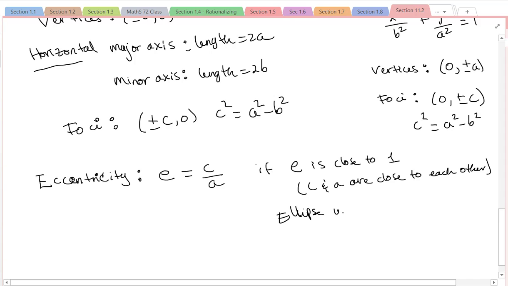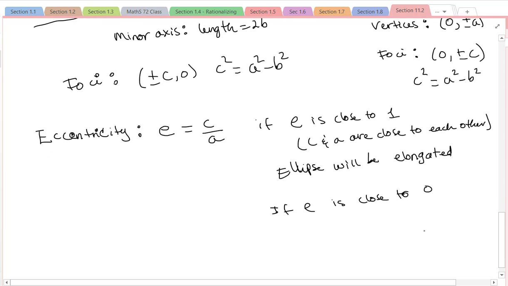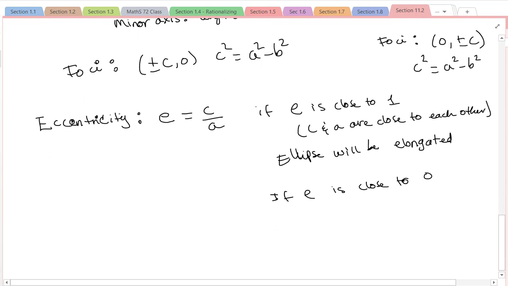So the ellipse will be elongated. And if e is close to 0, that means that c is much smaller than a.